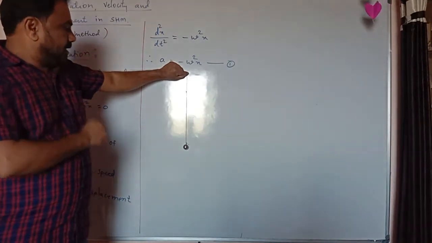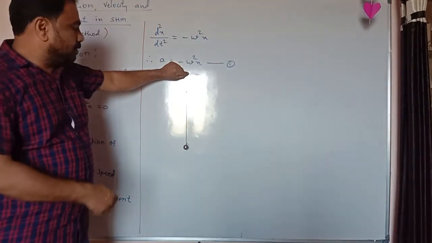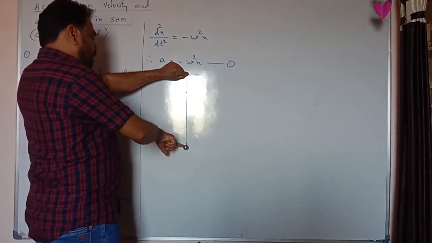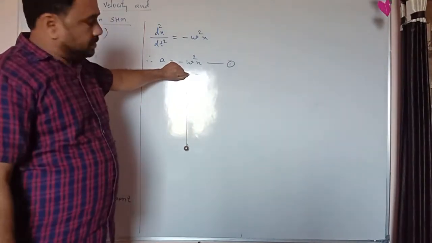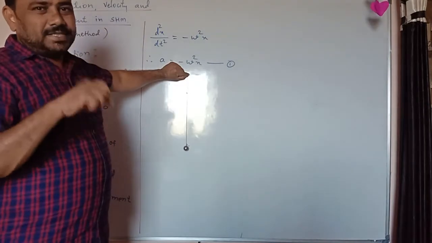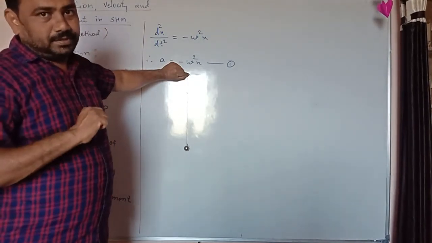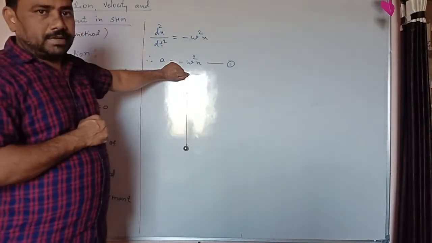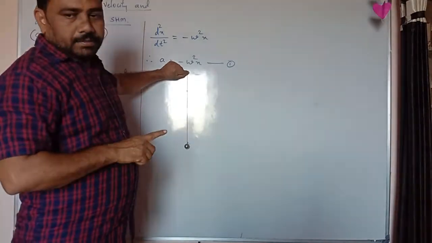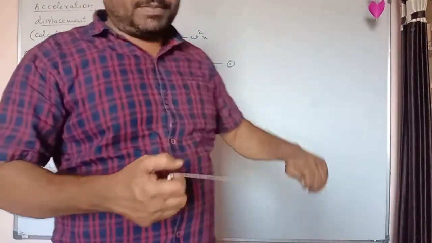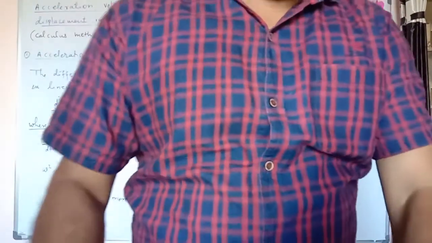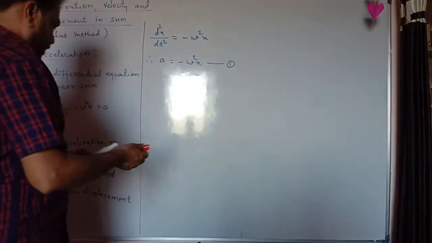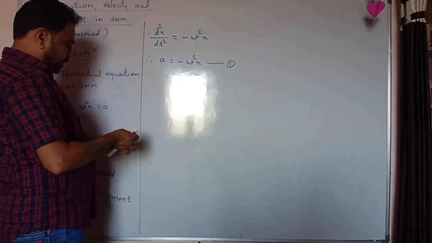If it is at the mean position, then there is no force acting on the bob, so its displacement is 0, because there is no displacement. So at the mean position, the displacement of the particle is always equal to 0. Let us find the acceleration at the mean position.